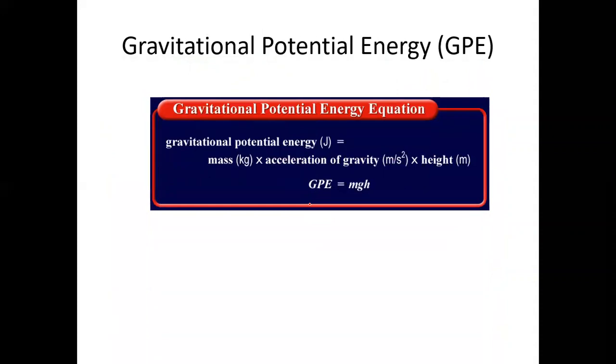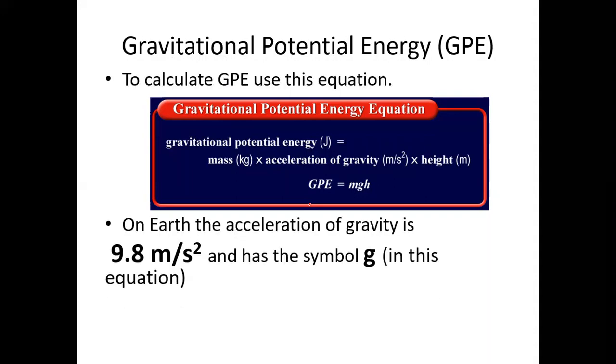Now let us proceed to the equation for gravitational potential energy. Gravitational potential energy is equivalent to mgh. On Earth, the acceleration of gravity is 9.8 meter per second squared, and the symbol is g.